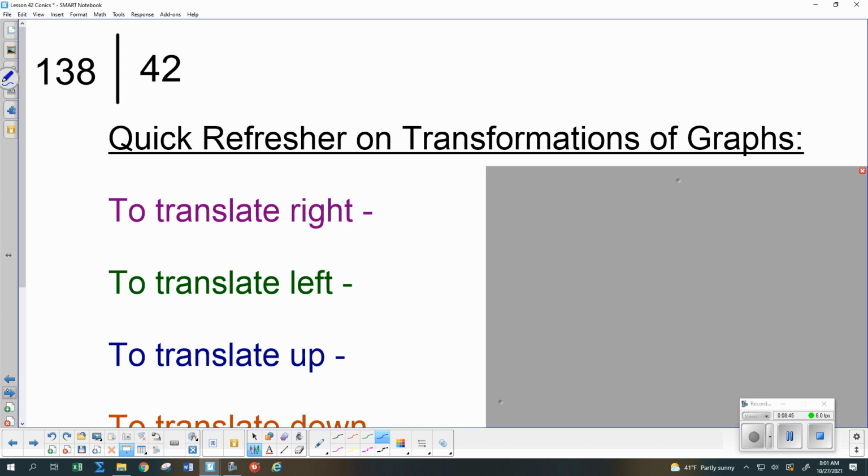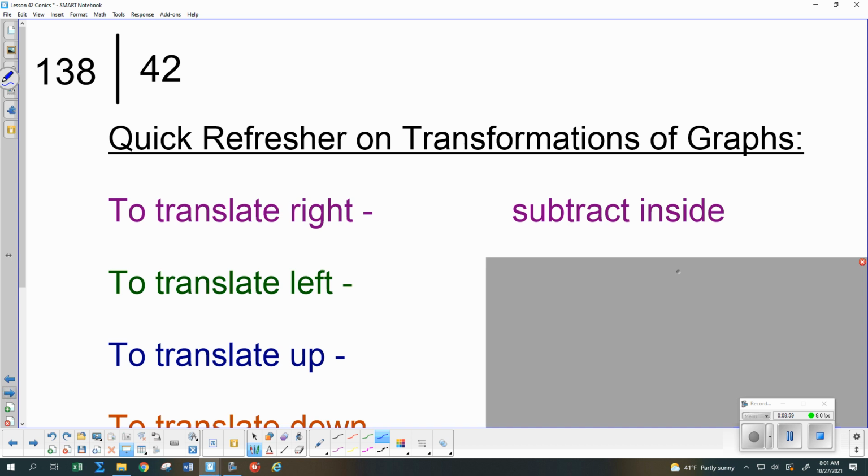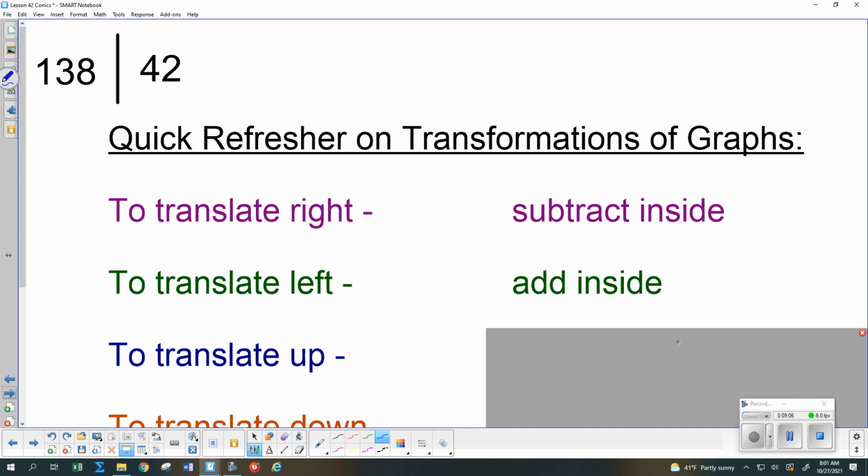Remembering our translations is going to help us when we have constants in the exponents of our exponential functions. So remember that if we translate right, that is when we subtracted something inside. You should already have all of this in your notes. If we want to translate left, we add inside. The left and right are kind of the opposite of what we're doing. Right is minus and left is plus.